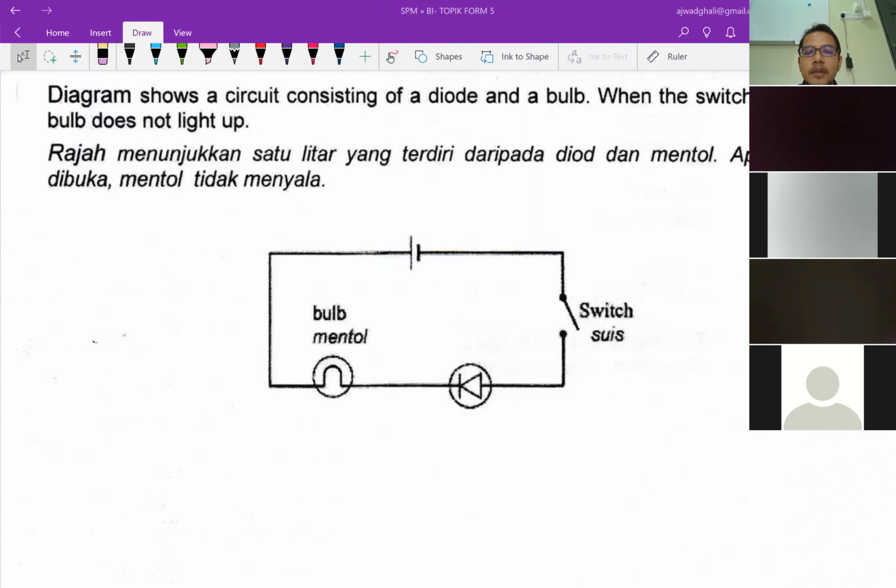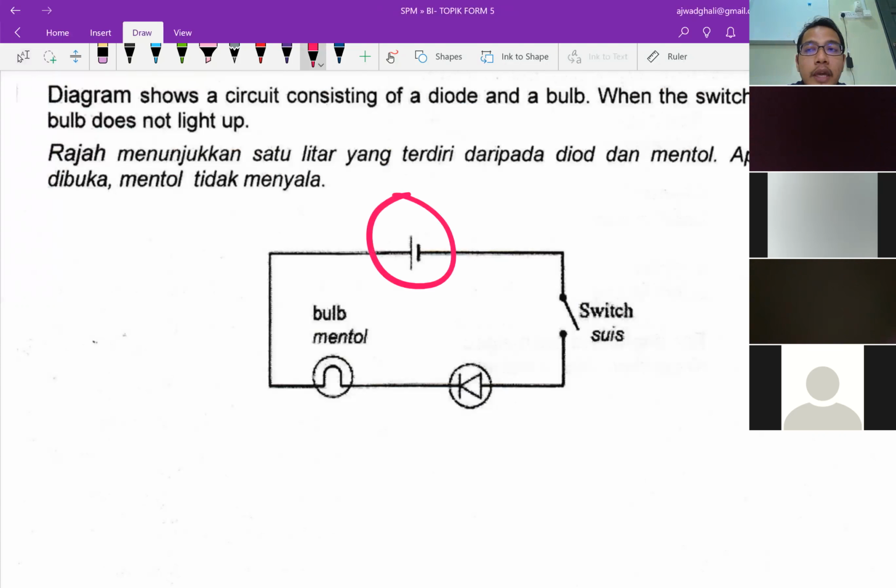Is there a rectification? No. Okay, Akisha says no. Why no? No AC. Okay, good. There's no AC. This is a battery.